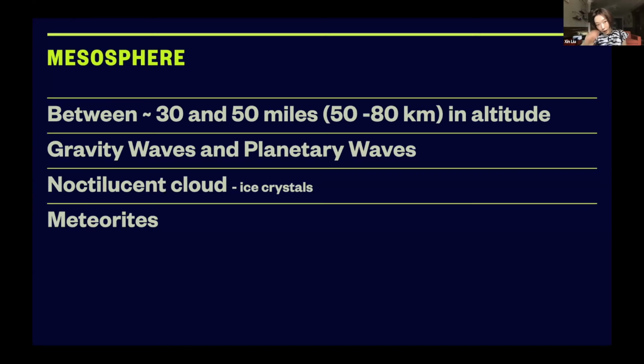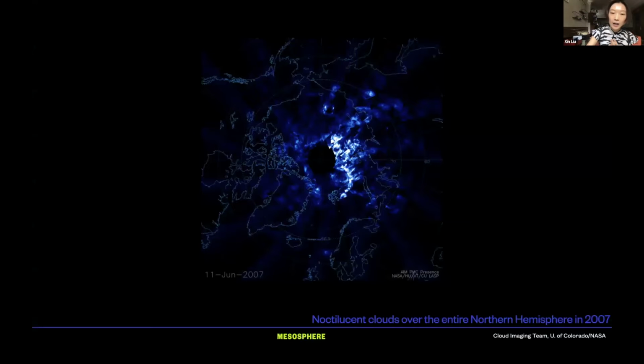So keep going up. In a funny way, I think that's my favorite atmosphere, the mesosphere. It is where we start to see lots of cosmic phenomena such as gravity waves, meteorites, and particularly the beautiful noctilucent clouds, which are essentially ice crystals reflecting light from the sun.